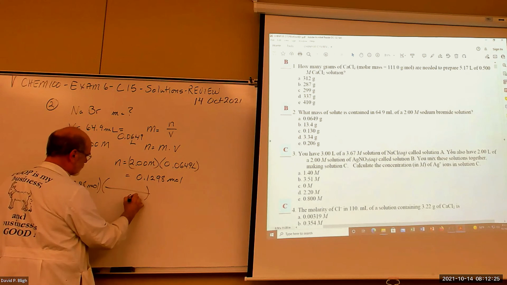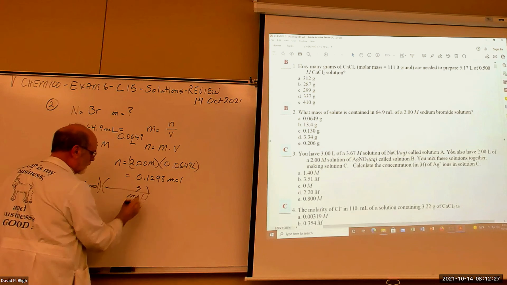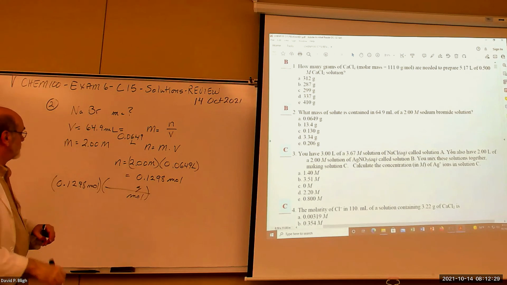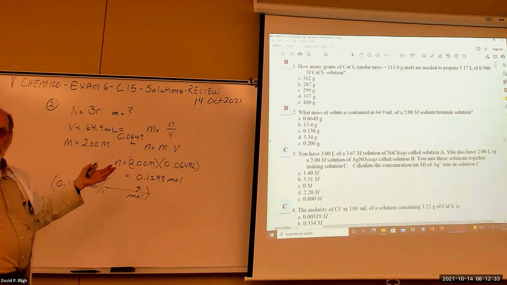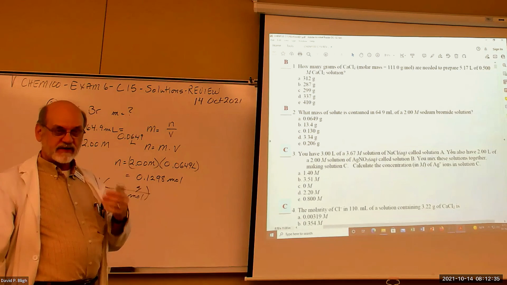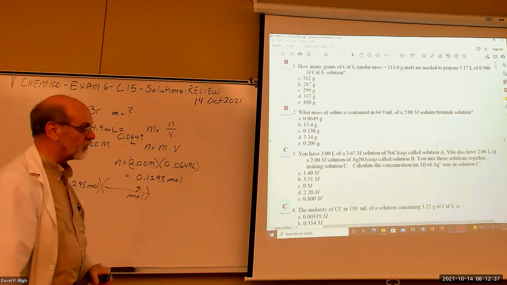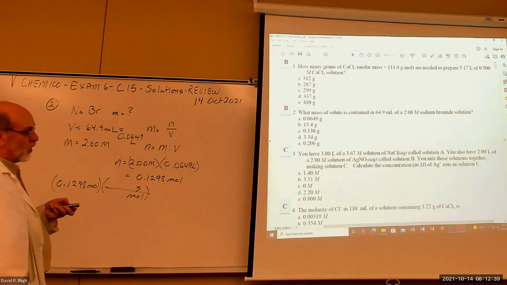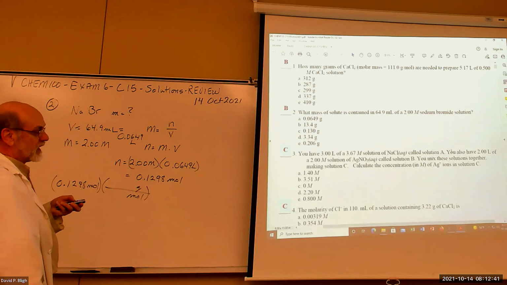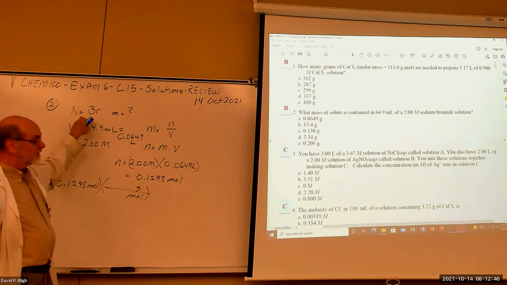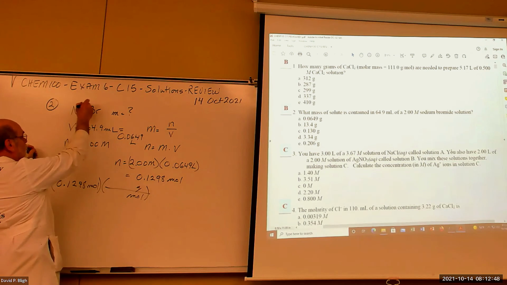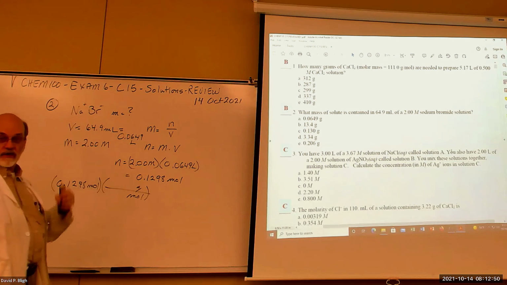And we need a conversion factor that looks an awful lot like molar mass. So what's the molar mass of sodium bromide? Well, it's not given to us. So we have to calculate it based upon the periodic table. The molar masses of sodium and bromine. And that means you've got to be able to write this correctly. Sodium is +1, bromine is -1, so that's it.